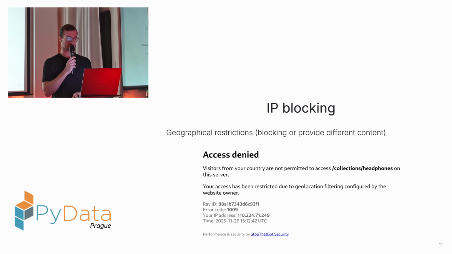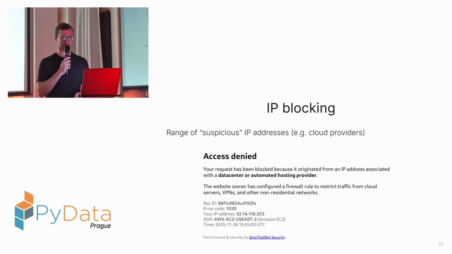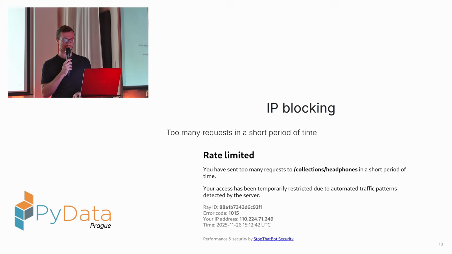What could have happened? One very common reason is IP blocking. Either because of some geographical restrictions, the website owner doesn't want to provide content to our location, or we host our scraper in a cloud, and the website owner restricts traffic from these IP ranges because they are often associated with bots.